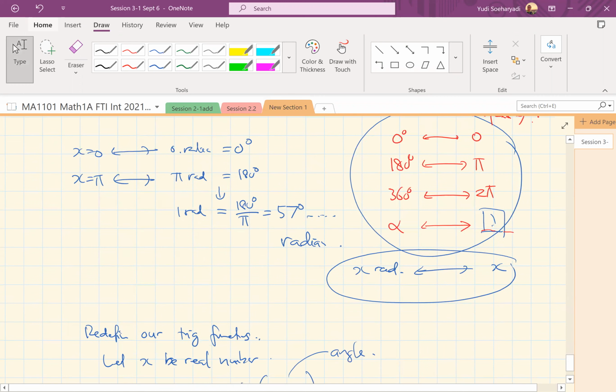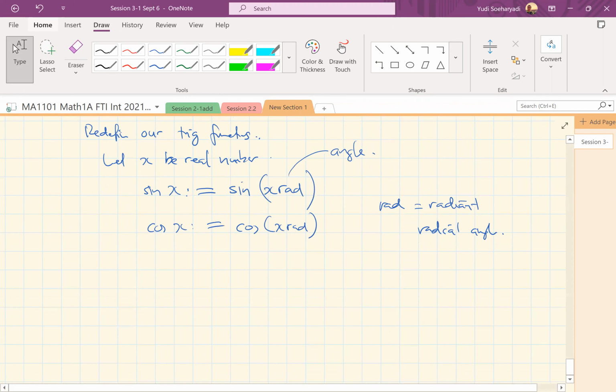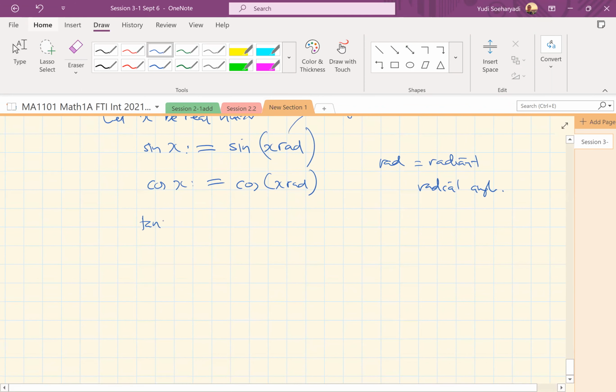So that's the story behind how we define trig in calculus. Similarly, we have tangent x, which is just sine over cosine. We also have secant x, which is 1 over cosine, cosecant of x, 1 over sine, and cotangent of x, which is 1 over tangent.